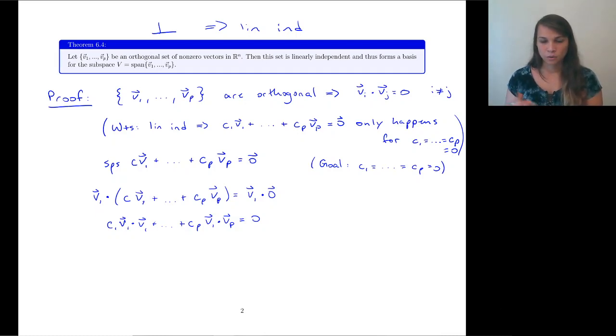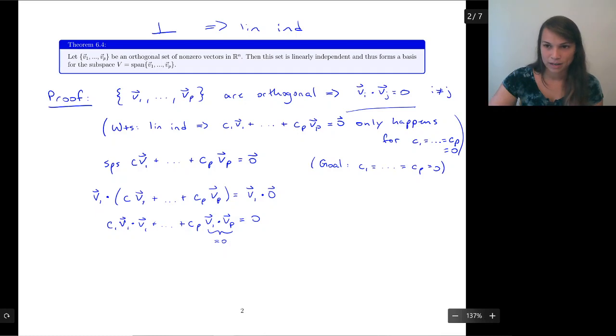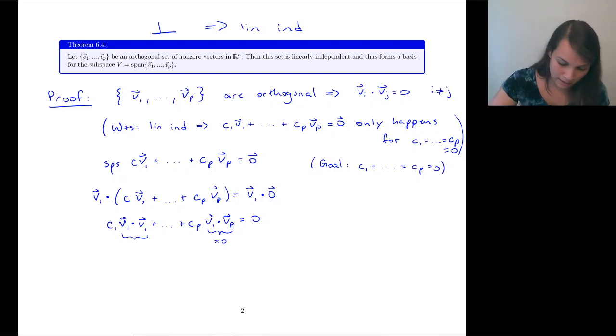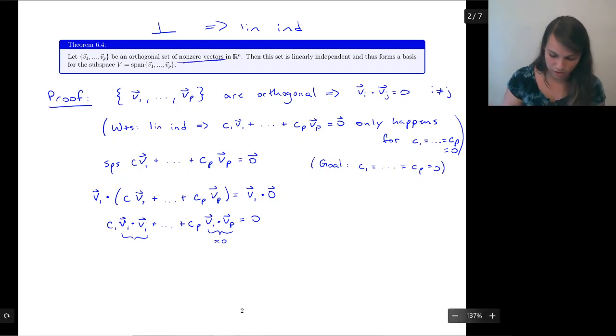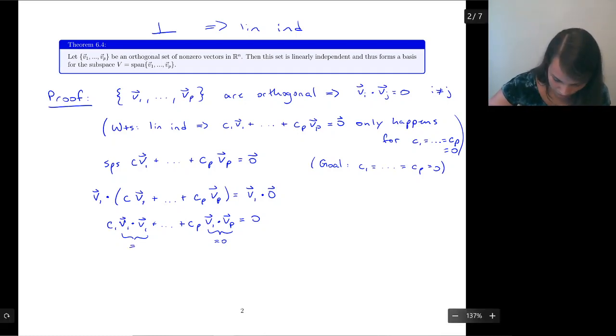Okay, so what do we know from here? Well, we know that guy has to be 0 because we're back at orthogonal. But what about this term here? Well, we said non-zero vectors. So v1 is not 0, and we proved something about its dot product.